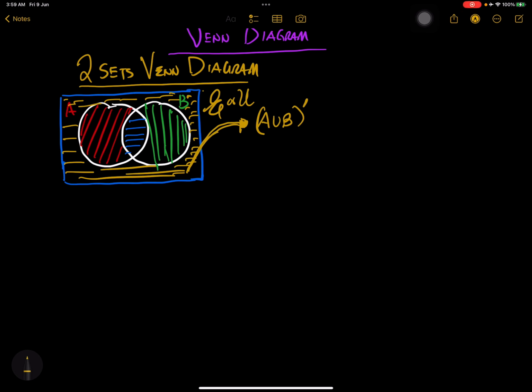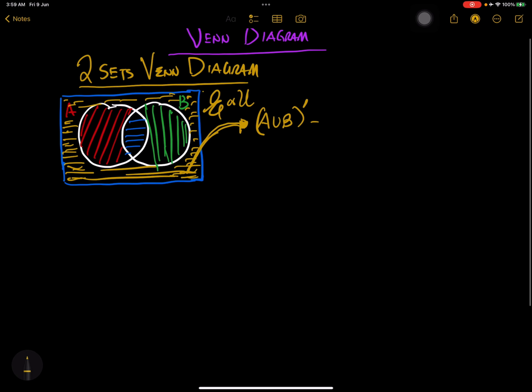This region is A union B. And because we shaded it in yellow, it means that something exists there. And if something exists there, it means that thing is A union B.